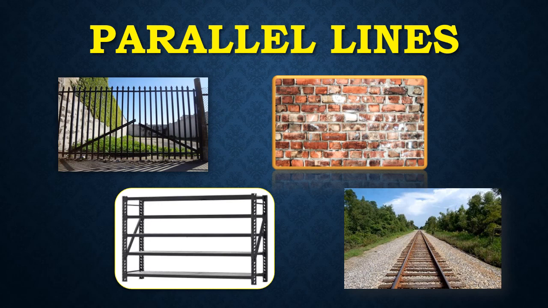For example, here in the railway, yung dalawang daanan na yan or bakal are straight lines. And they are not going to meet. And same goes here sa rack. These are straight lines and they will never cross. And they are examples of parallel lines.